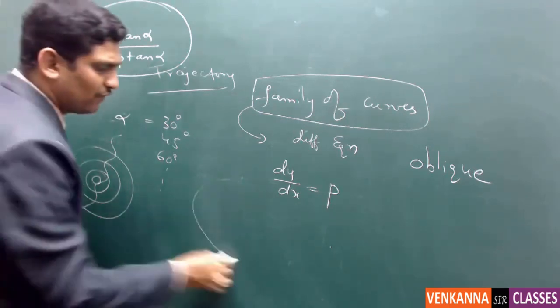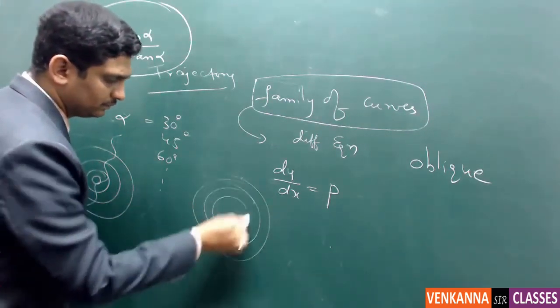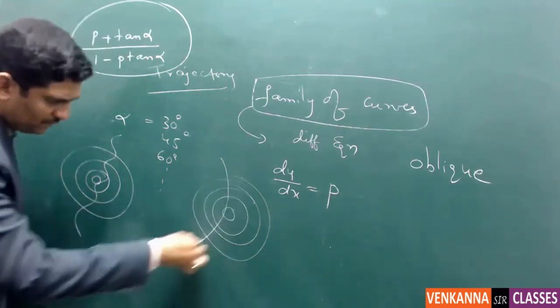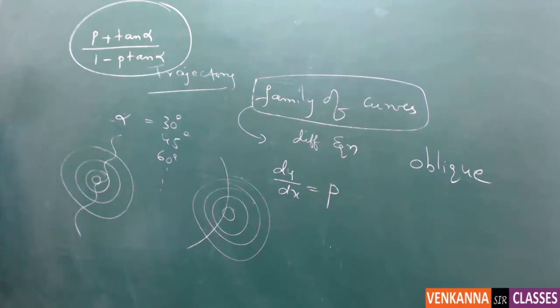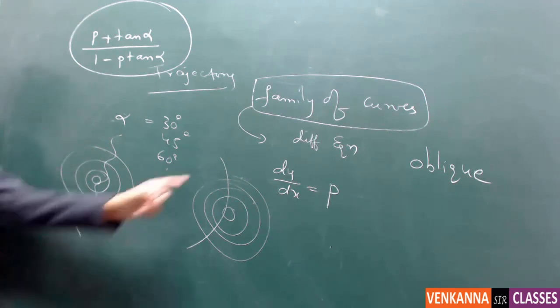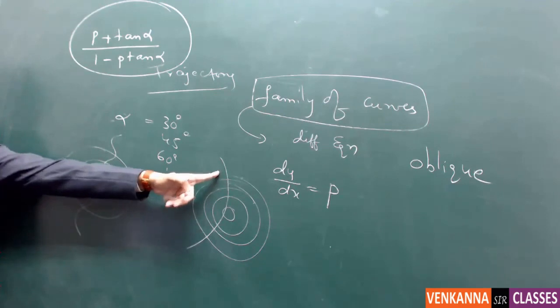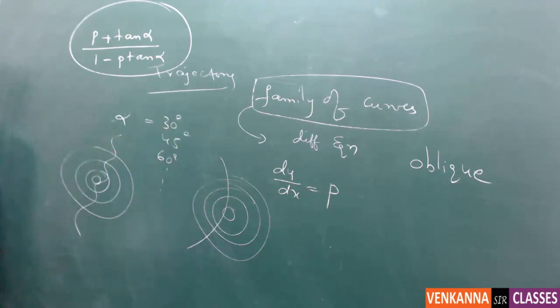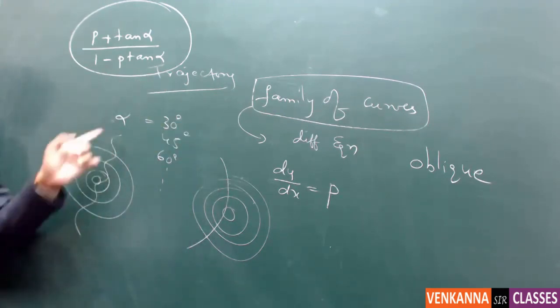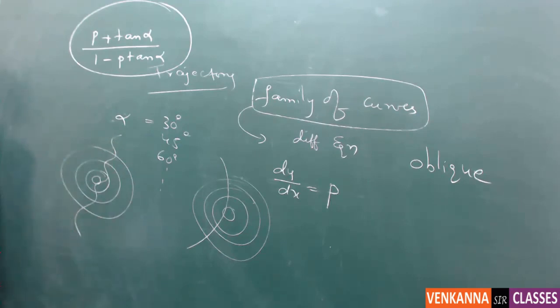If you take the same family again, so can you say that this curve is going to cut each member at a constant angle? Do you accept at least? So this kind of trajectory, we call it as oblique trajectory. So it is just a trajectory which is not oblique trajectory. Okay? I think the concept is clear to everyone.